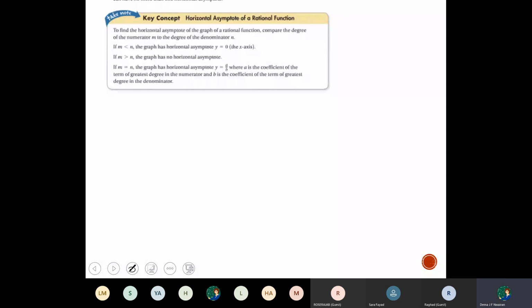Okay. Now let's see how we can find the horizontal asymptotes of a rational function. To find the horizontal asymptotes, I just look at m and n. I will compare the degree of p of x, the numerator m, with the degree of q of x, the denominator n.